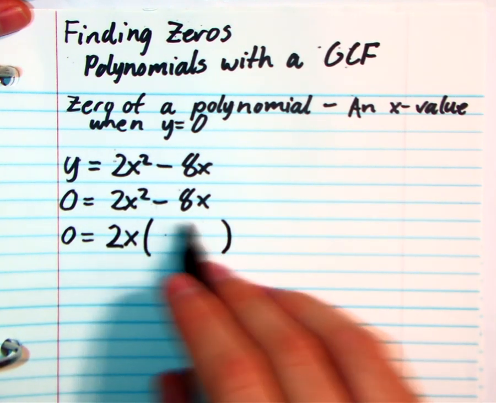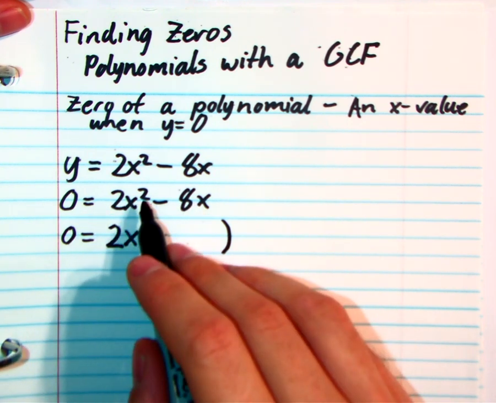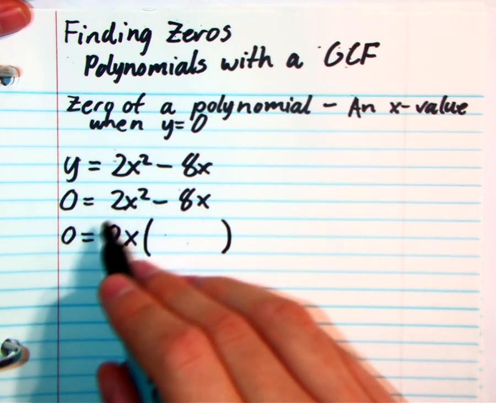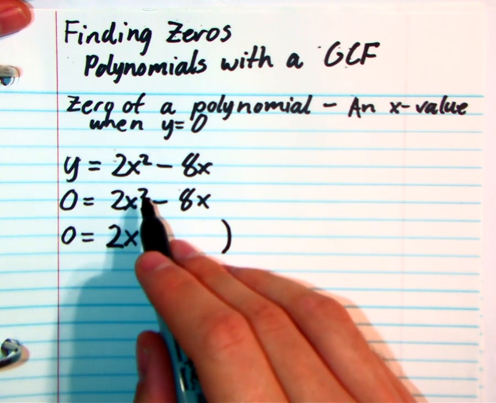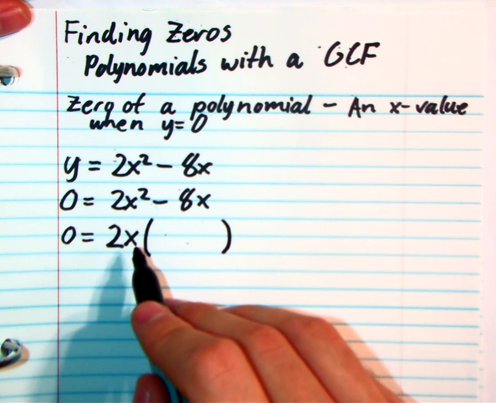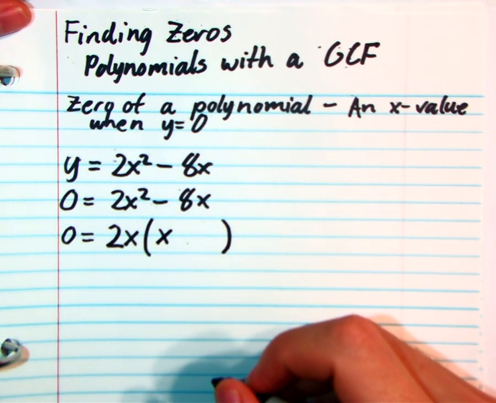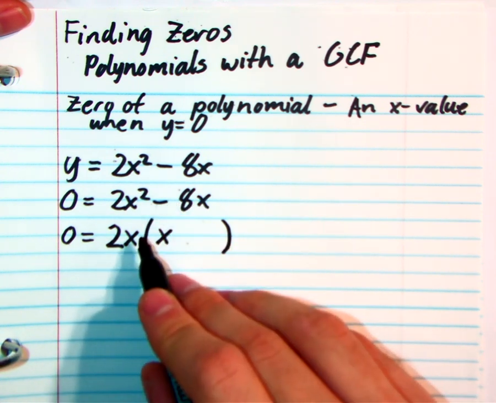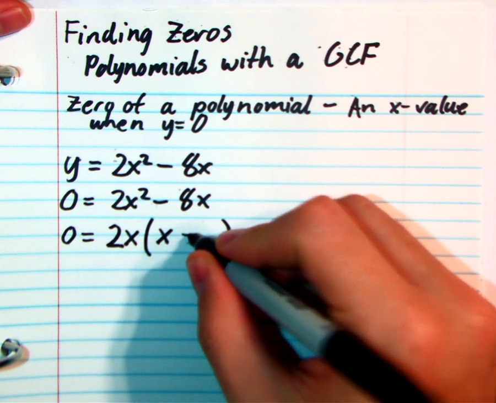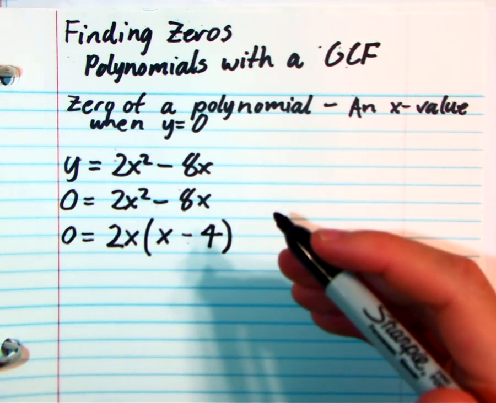The other factor is what you get when you divide your original polynomial by the greatest common factor. So if I divide 2x squared by 2x, what do I get? I get just x. And when I divide negative 8x by 2x, I just get negative 4. Can I check my answer?